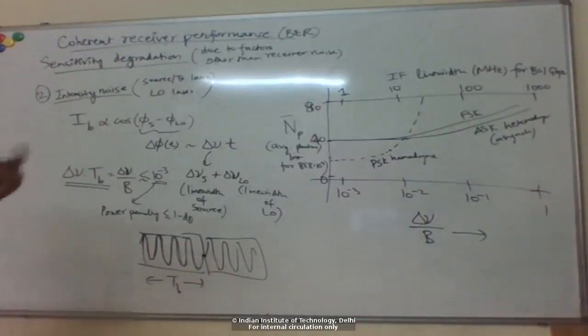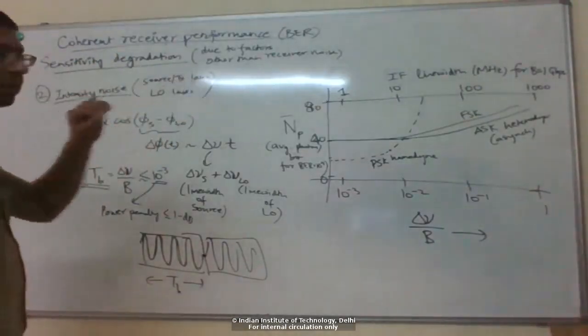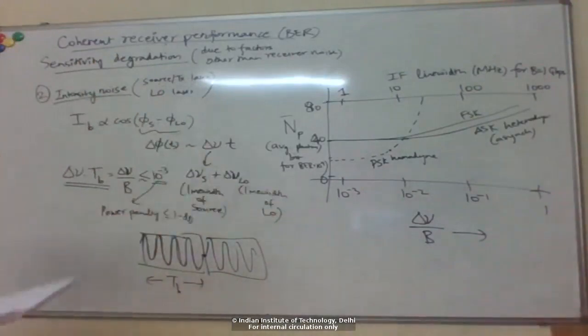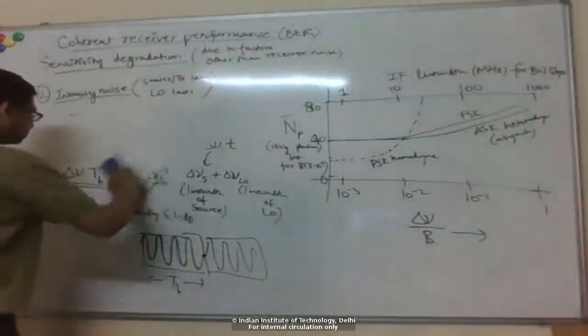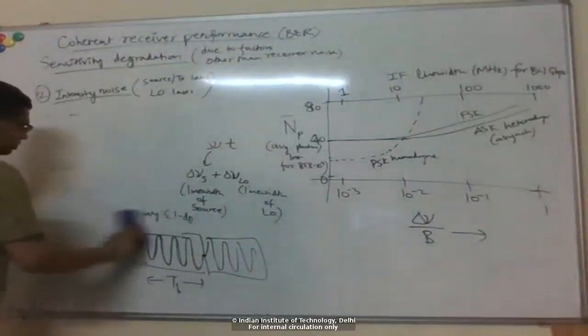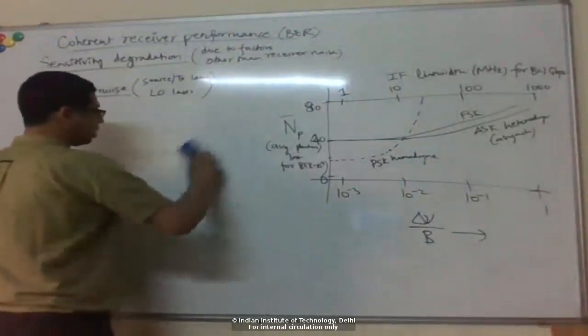So any fluctuation or noise in the powers will give me a noise in the current, just like in direct detection also, right? Any noise. So we saw that relative intensity noise gives me a power penalty. So similar will be the case for coherent detection also.